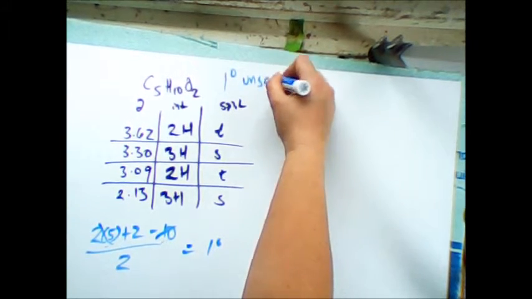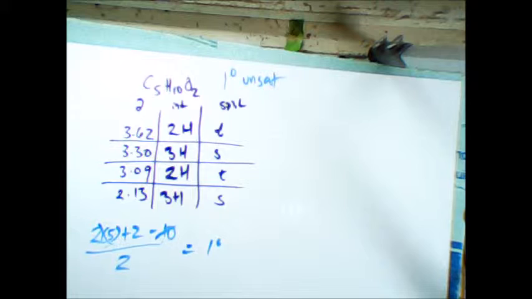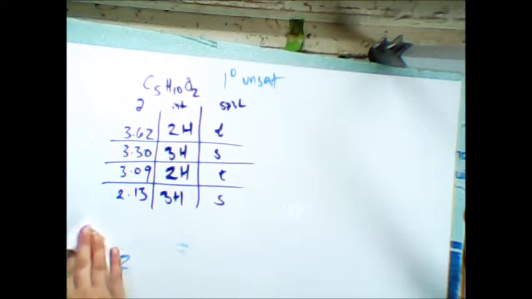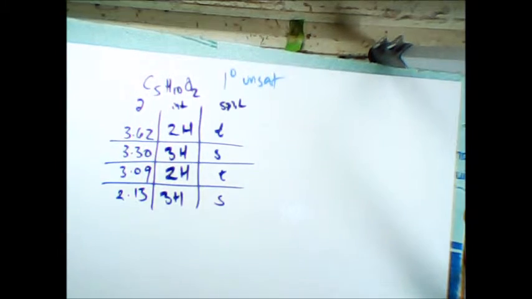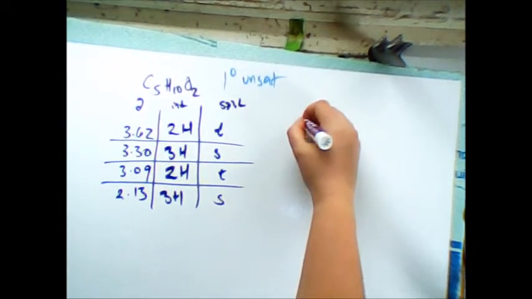I'm going to write that up here. Set it aside, we'll come back to it as we need to. Okay, what else does he tell us? He tells us that there is a strong absorption in the range of 1700. What does that mean? That means a carbonyl. So, we're going to say, we know we have a carbonyl.